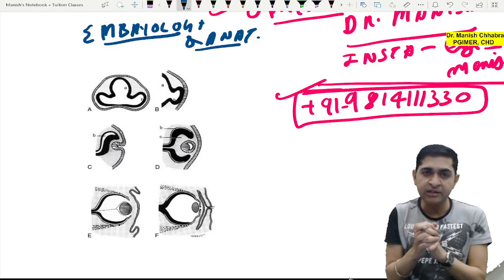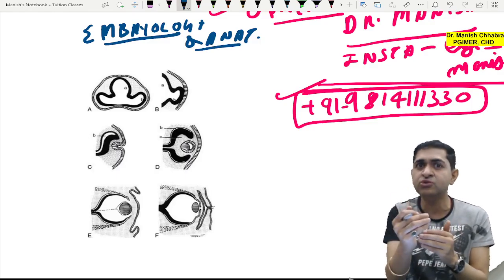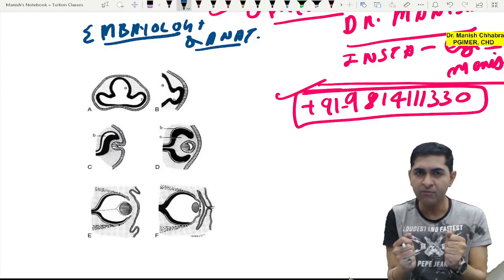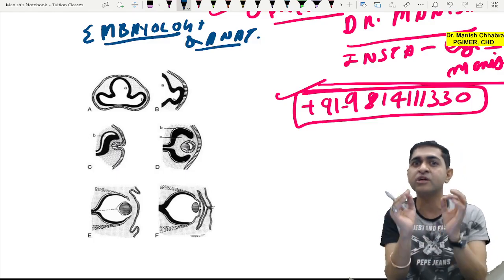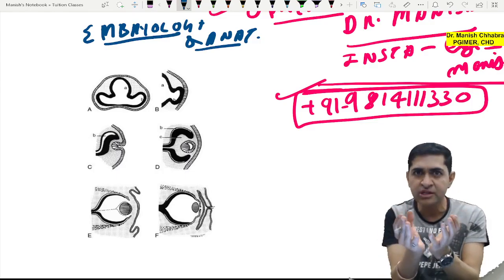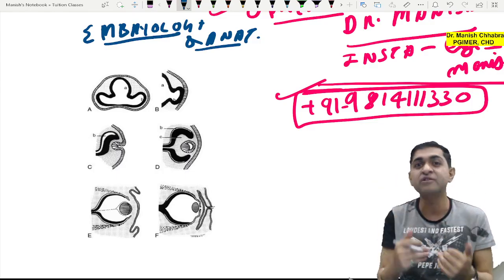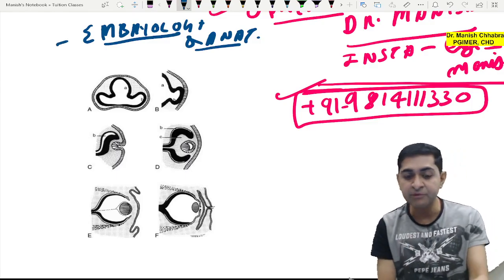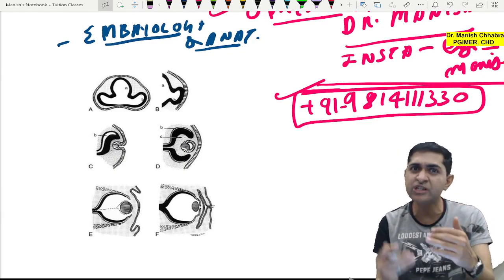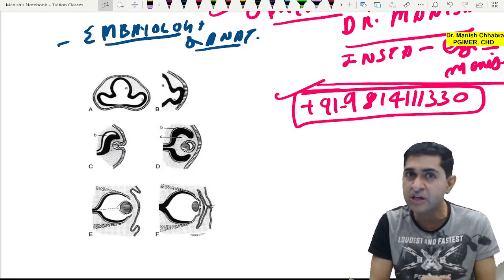Then it will become easy for you to understand it, to connect the dots. And even after this, if you have any doubts or queries, you can always get back to me, right? So embryology and anatomy, the second chapter will be physiology, and slowly and steadily we shall proceed forward.